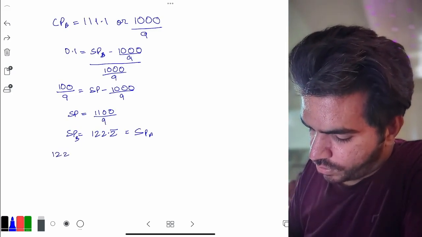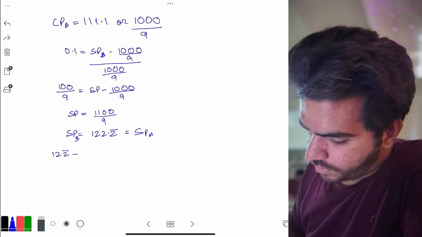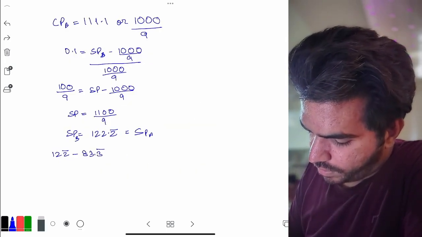So 122.2 bar minus, what was the cost price? The cost was 83.3 bar, upon 83.3 bar.